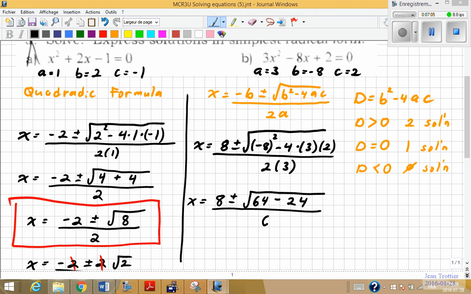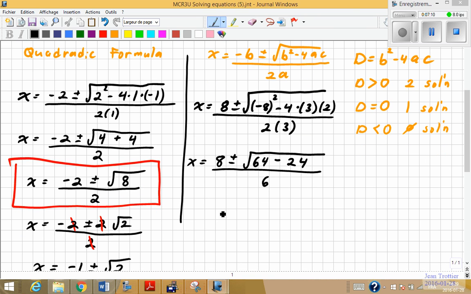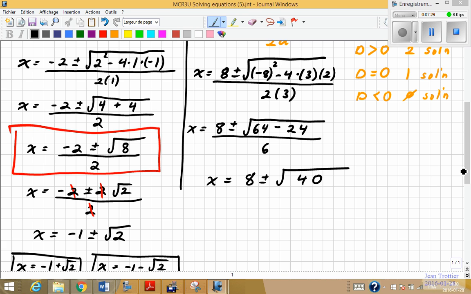All that divided by 6. And one last step, just to find what I'll call the raw answer. That's before you do any simplification. So 8 plus or minus root of 40, still divided by 6. So this is our raw answer.